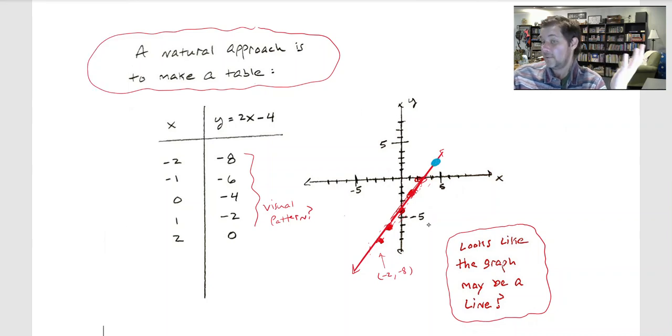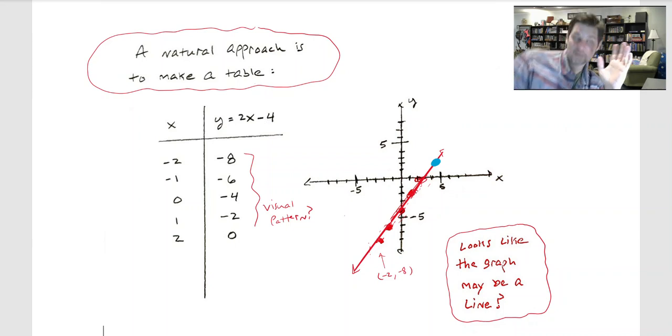Until I plug in that number, which looks like it might be 4 or 5, and plot it and confirm that it's on the line, I don't really know, if I'm just looking at that equation all by itself. We don't know if it takes off in some other direction at some point. There's some act of faith when we draw a graph sometimes.